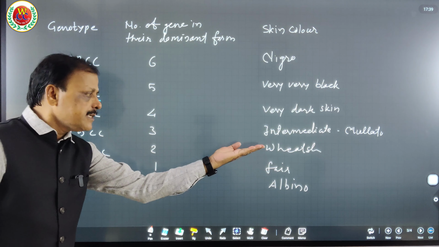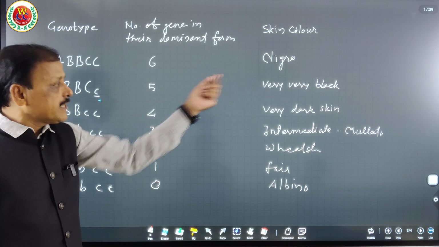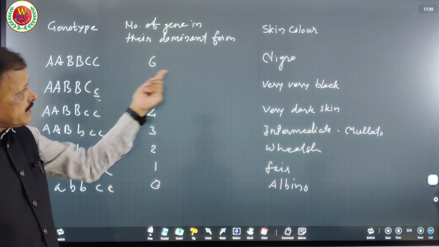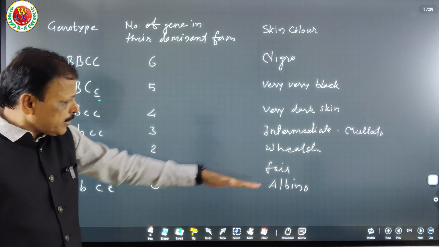Number of dominant genes 4: very very dark. Number of dominant genes 5: very very black. And number of dominant genes 6: that is negro. Now you would understand every time the additive effect on skin color because of the number of dominant genes.